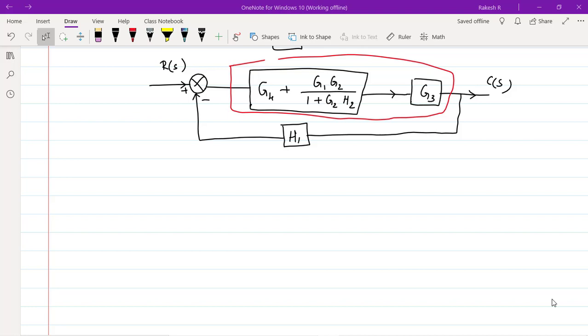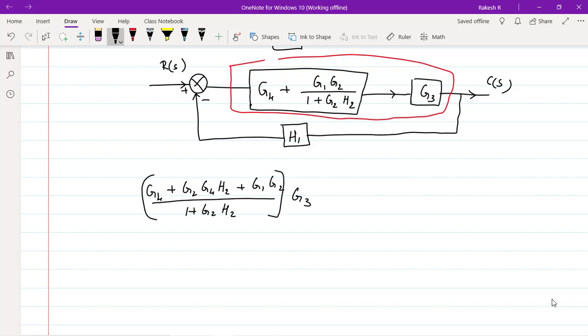What we have here is G4 plus G2 G4 H2 plus G1 G2 whole divided by 1 plus G2 H2 here, right? Then this should be multiplied by G3 here, right? This is one block now.